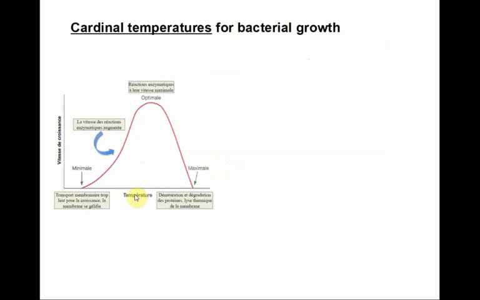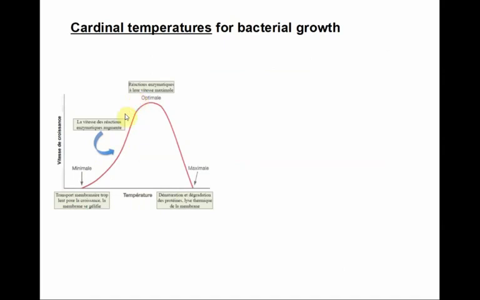So all bacteria will show this kind of bell-shaped curve. There will be a minimal temperature below which bacteria will not grow. Then if you increase the temperature, bacteria will grow more quickly. Basically, all of their enzymes are adapted to function correctly at a particular temperature, so as you increase the temperature, all of the bacterial metabolism works better, until you reach the optimal growth temperature for this particular bacterium.